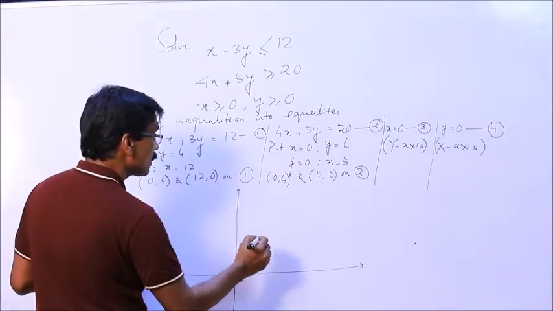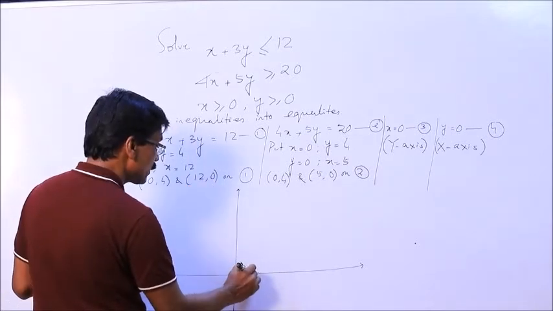So, on the x axis the maximum point is 12.